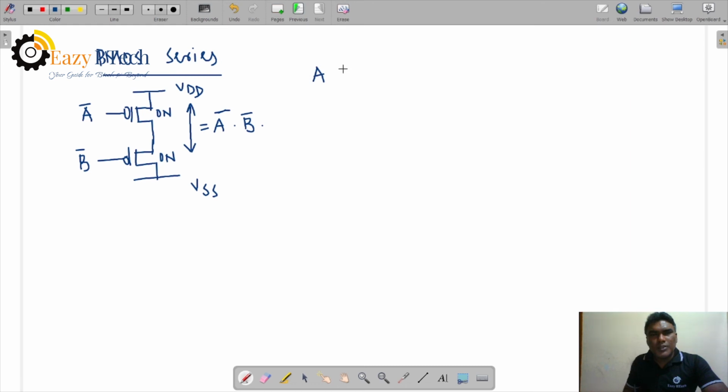Let us see this one. AB truth table. For example, we are applying logic 00, 01, 10, 11. So A complement of 0 will be 1, 1, then 0, 0, and B complement is 1, 0, 1, 0.